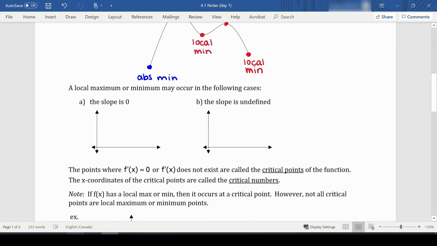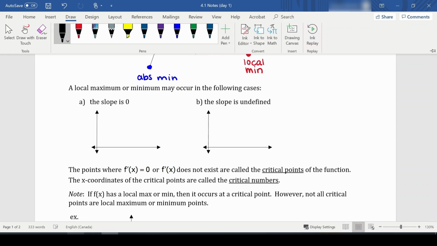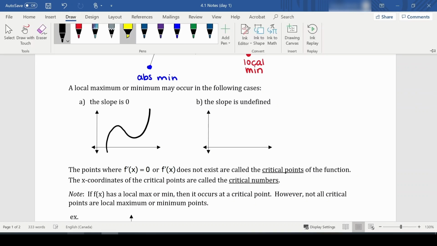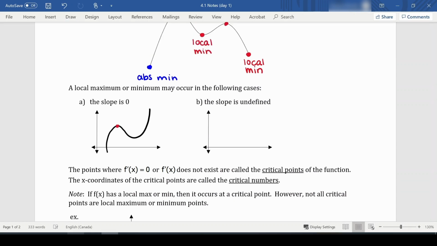Now, a local maximum or minimum may occur in the following cases. And so if I had a curve, we could draw tangent lines to this local max and local min, and the slopes of these tangent lines would be 0. So when it says the slope is 0, this means the slope of the tangent line.